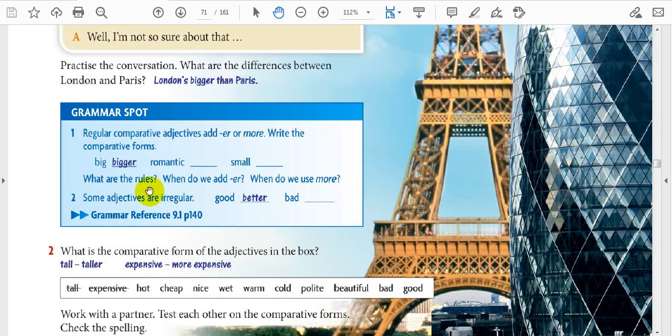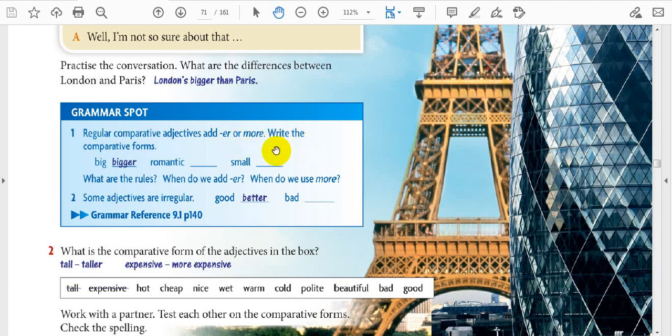As we said previously, the grammar that comes in blue, the grammatical basis, القاعدة النحوية, which we call the grammar spot. The first one is regular comparative adjectives: add ER, واللي هي درجات المقارنة القياسية، واللي نضيف فيها ER or more.